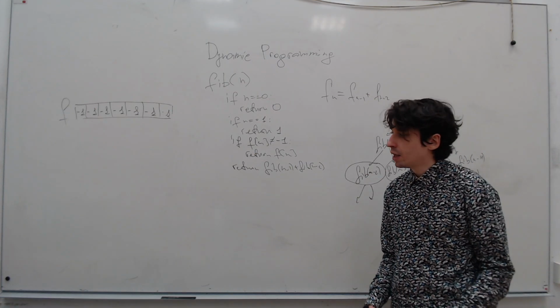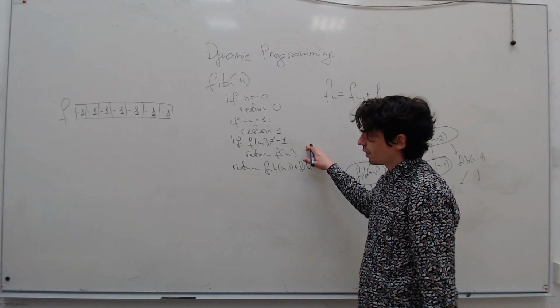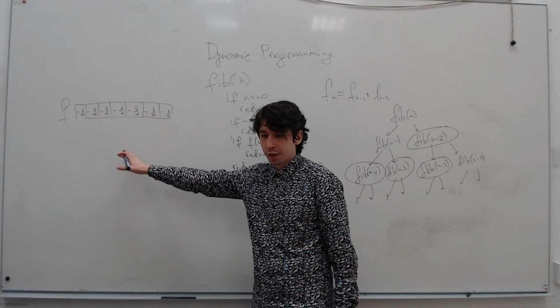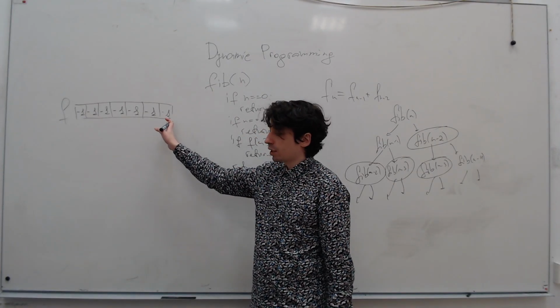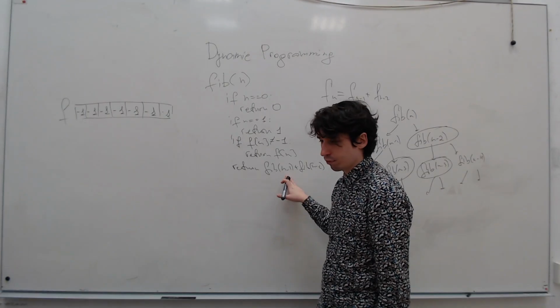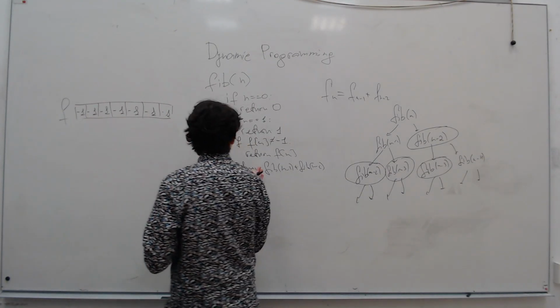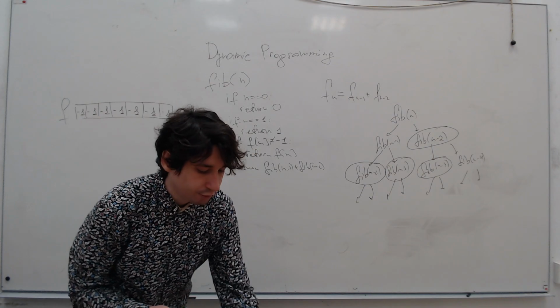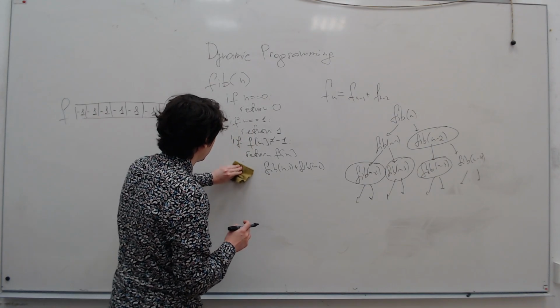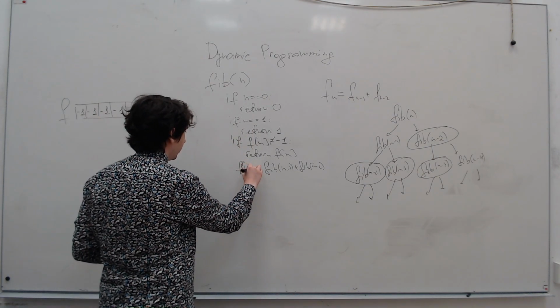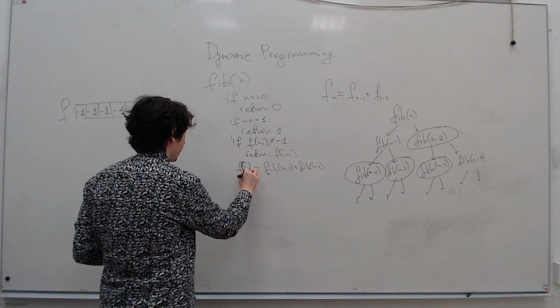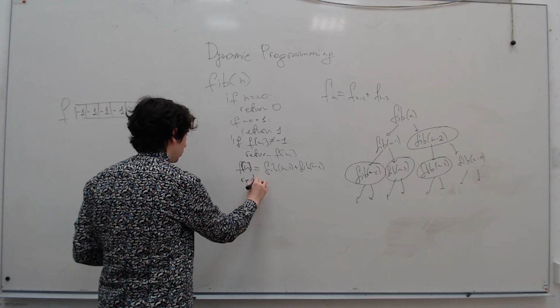We store the answers for the smaller ones, and you calculate from them the answer for the larger. Oh, sorry. I forgot to save f of n equals that.